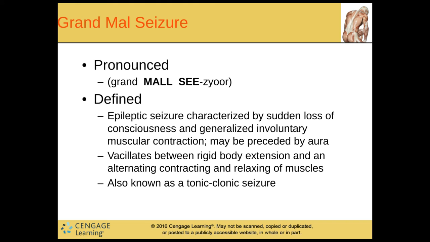aura. So what an aura is, if anybody's ever had a migraine headache or something like that, sometimes you get an aura before. So if somebody has epilepsy and they suffer from grand mal seizures, sometimes they know when it's going to start, right? So they'll have this aura, like a bright light or seeing a halo around things.